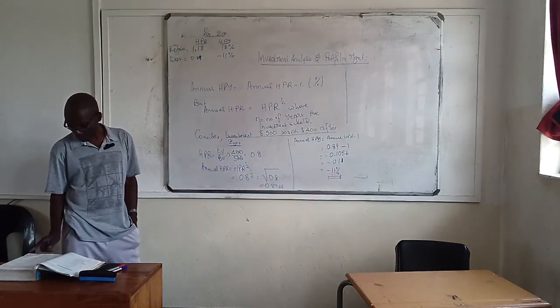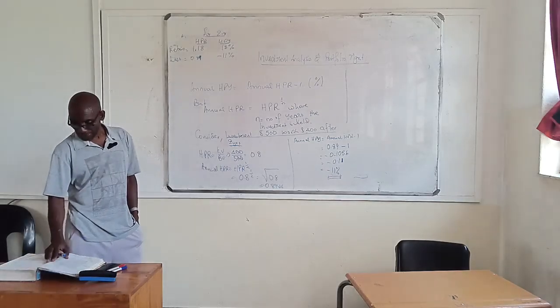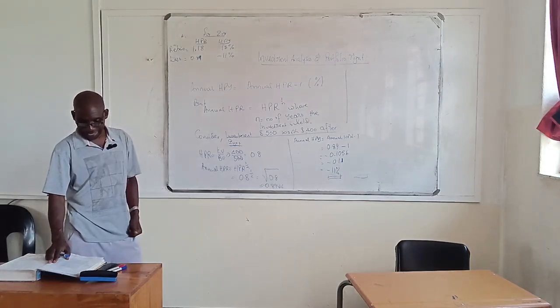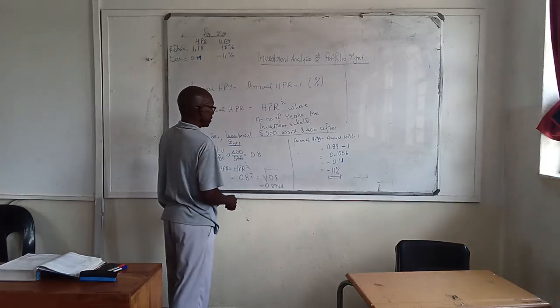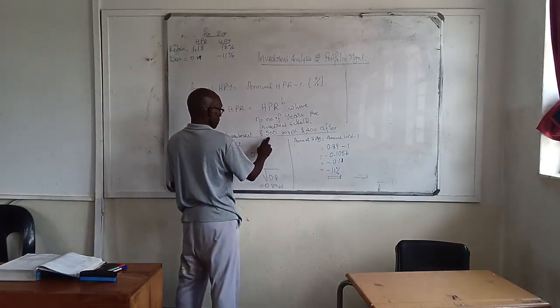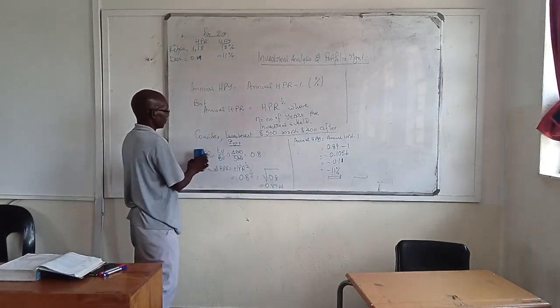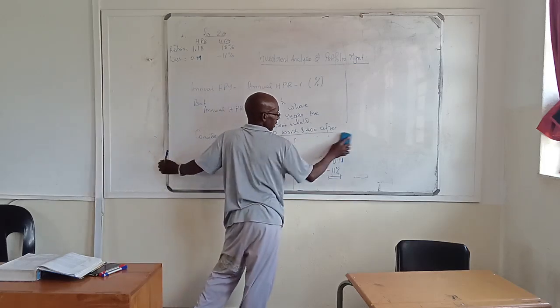That's how you do it. So you can make a decision. Right? Consider that you invested 500, the third one, for 2 years.